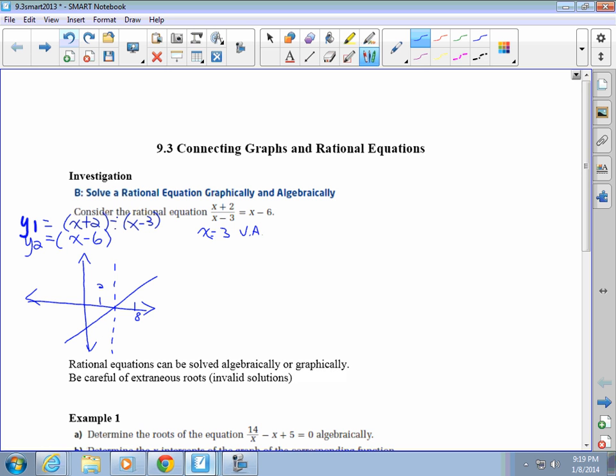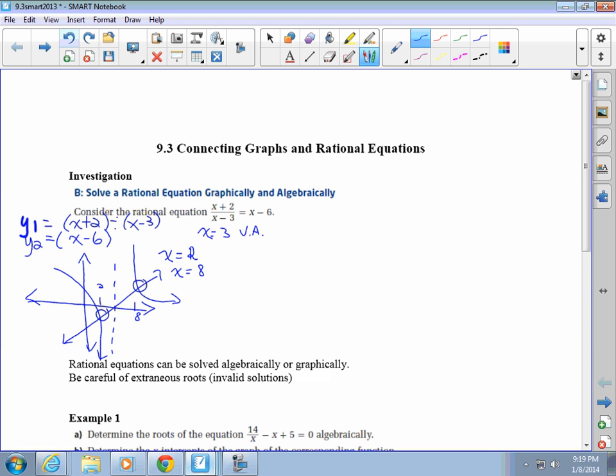That's my vertical asymptote. And my graph goes like this, and then it does this on this side. Right here at this point and at this point, those are my x values. So I'd have x equal to 2 and 8. My straight line, x minus 6, and my x plus 2 divided by x minus 3 graphs cross when x is equal to 2 and x is equal to 8.